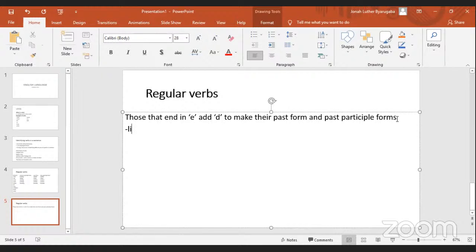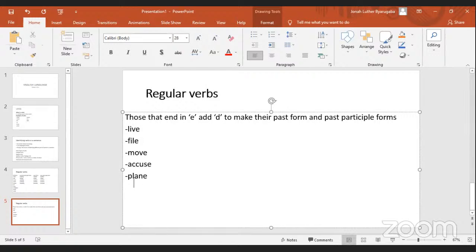Verbs like live, file, move. Here we simply add letter D to make them past and also past participle. And then verbs like choose, you simply add D to get their past tense and their past participle. And it will remain the same.